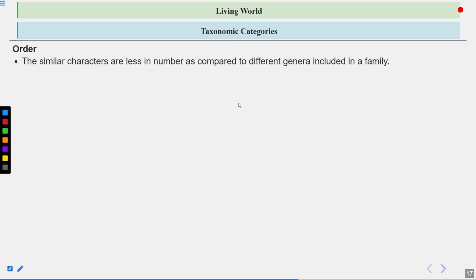The similar characters are less in number as compared to the different genera included in a family.